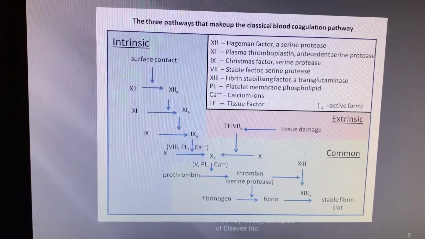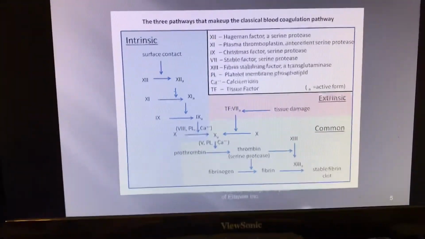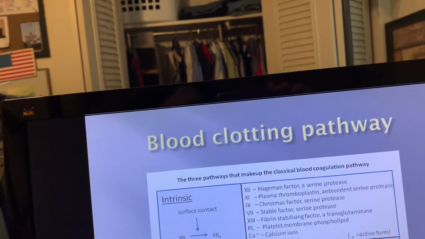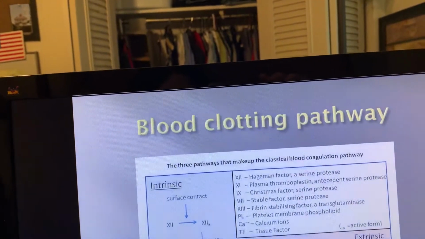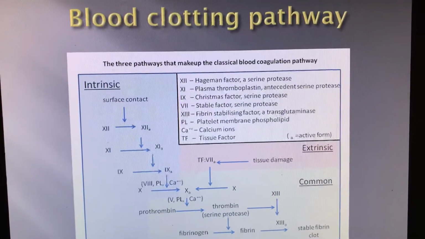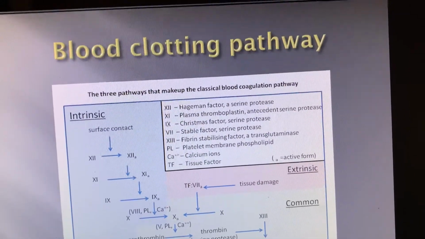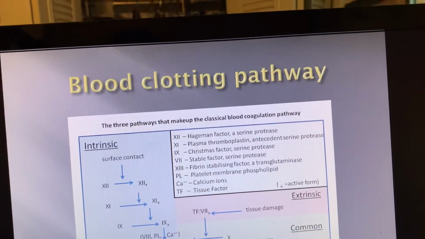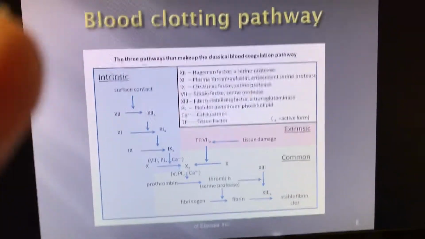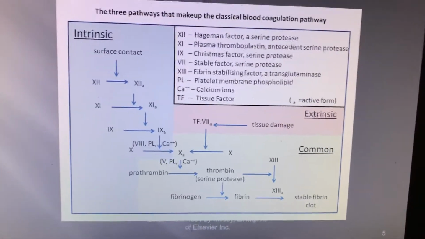But basically, the very end process is there is some sort of tissue damage or some sort of a condition in which your body feels you're in danger of bleeding. This can be something like a bruise, it can be a cut or a scrape, or it can be some sort of a process inside the body.